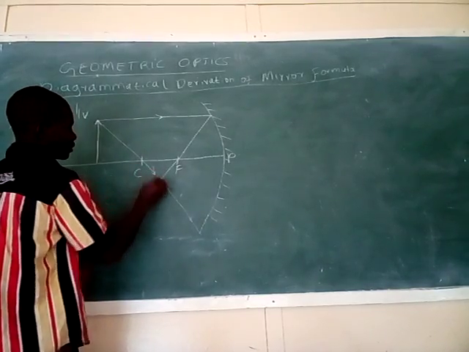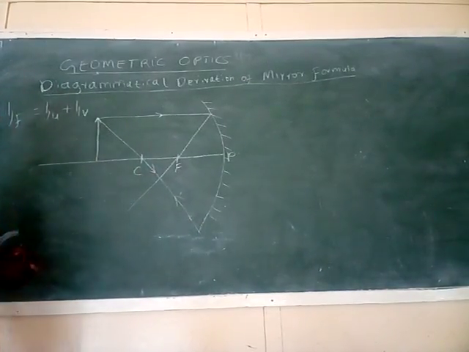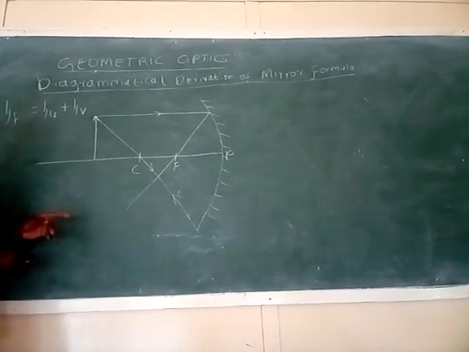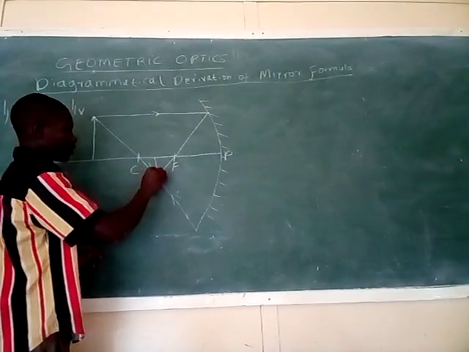So if it goes this way, it comes back that way. In that case, we are going to have our image at this point.